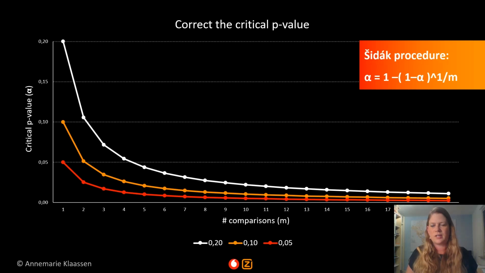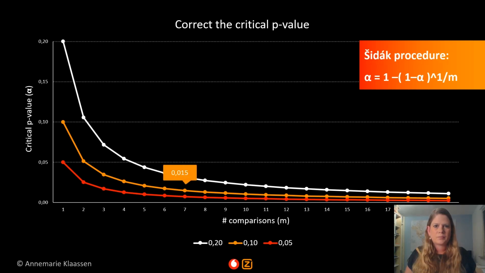In this graph, I've used the Šidák procedure, but there are multiple procedures, and they basically do the same thing. By using this correction, your critical p-value will be more strict the more comparisons you make, but the false positive rate will always stay at the same level. So even though you're making multiple comparisons, the false positive rate will stay at that 10%.